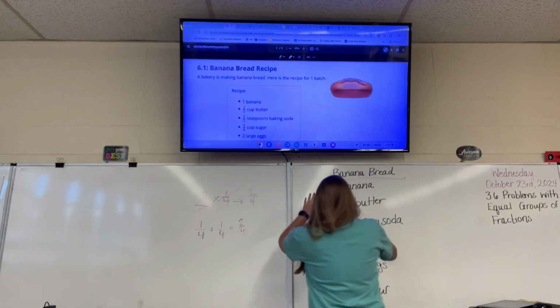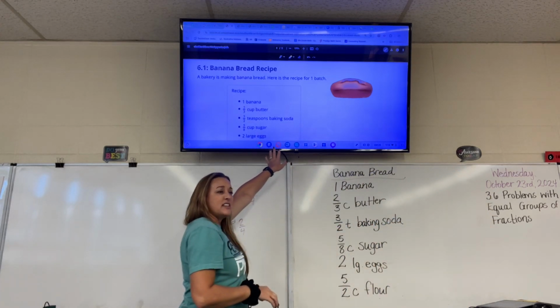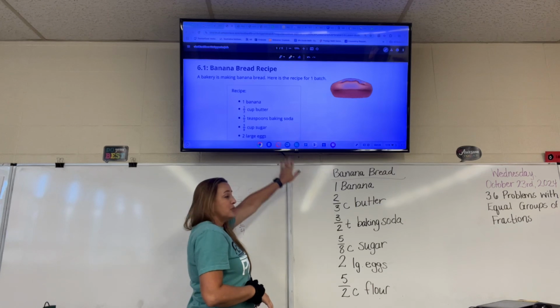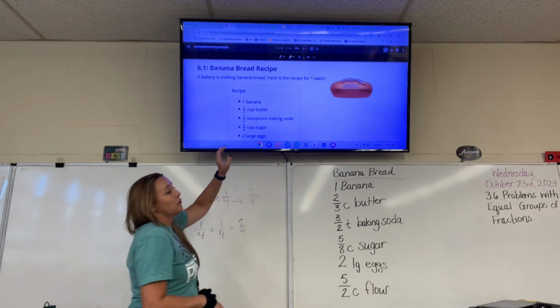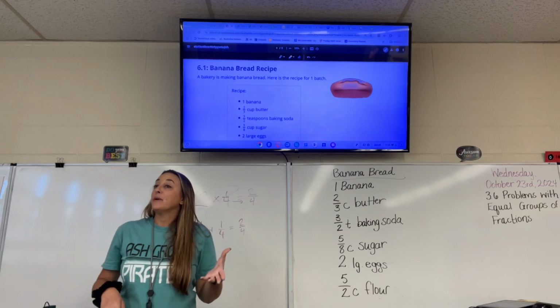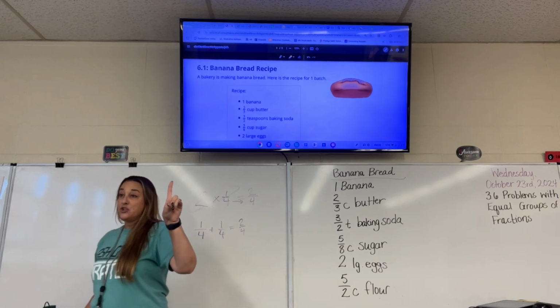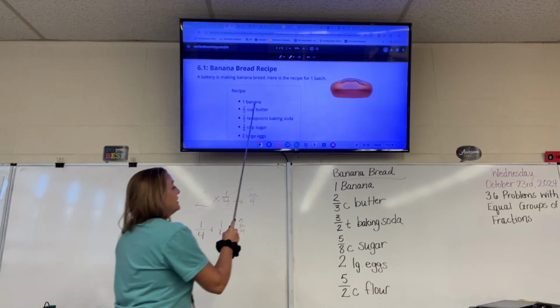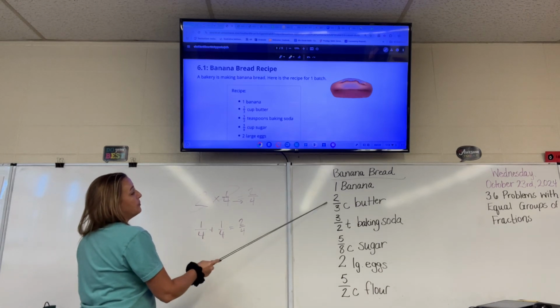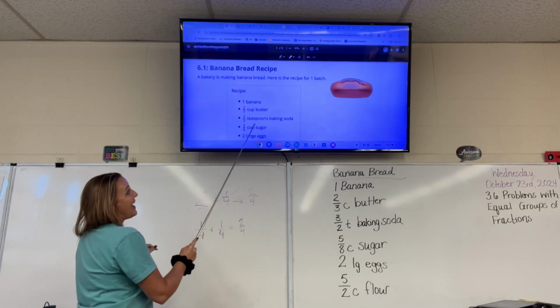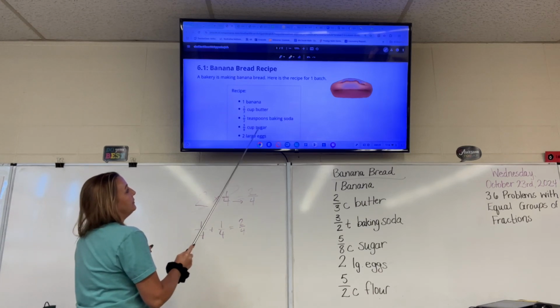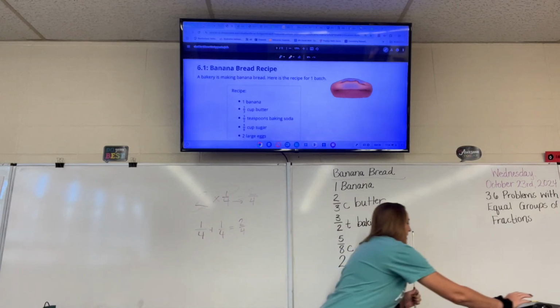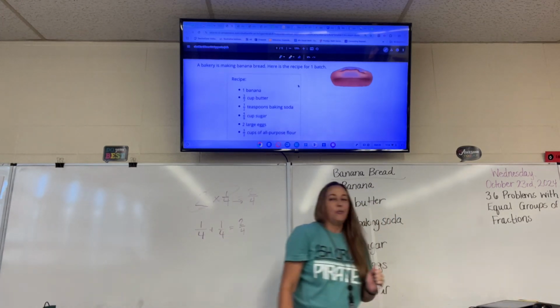Okay. So we're going to have to refer to this recipe a lot. So what I did is copy it to the board. So the recipe ingredients for one batch of banana bread is 1 banana, 2/3 cup of butter, 3/2 teaspoons of baking soda, 5/8 cup of sugar, 2 large eggs, and then 5/2 cup of all-purpose flour.